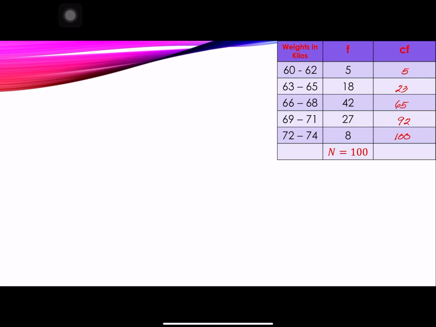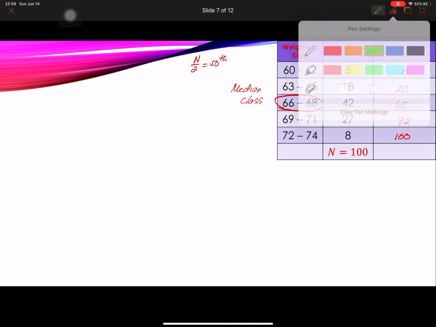From the information that we had earlier, your n over 2, which is your location of the median, is the 50th. So it is somewhere here. This one now is what we call the median class.